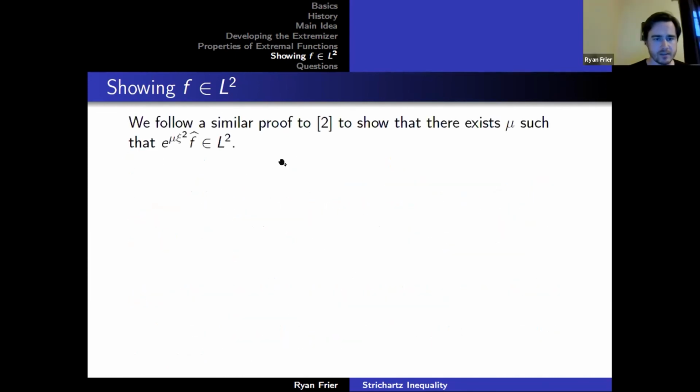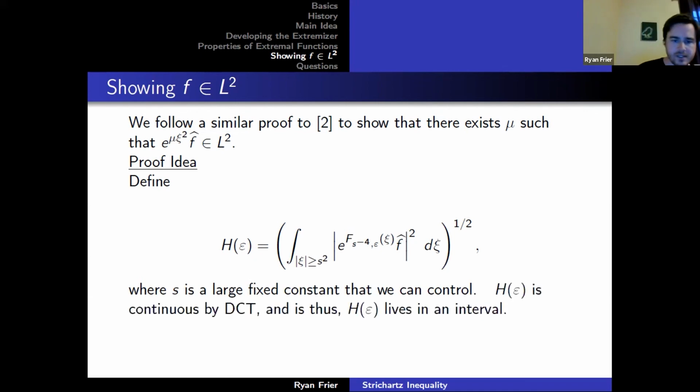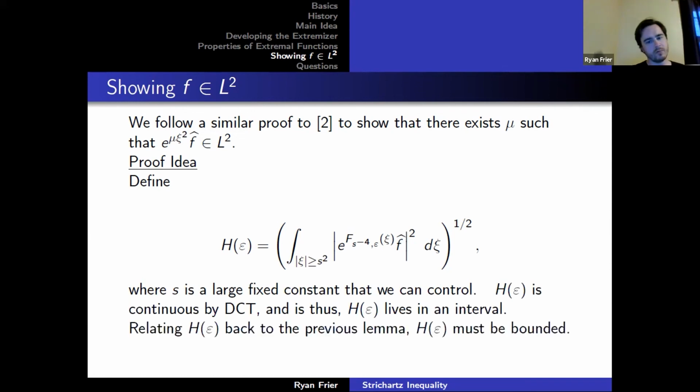Yeah, so let's see. We have this function here. Again, this is basically our delta in our continuity argument. It's a large fixed constant that we can control. Oh yeah, it's continuous. We can show that it has to live inside an interval.